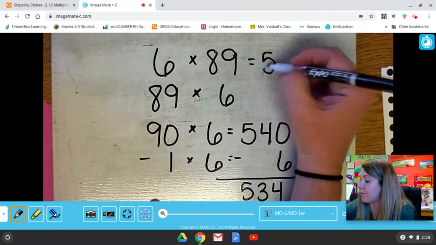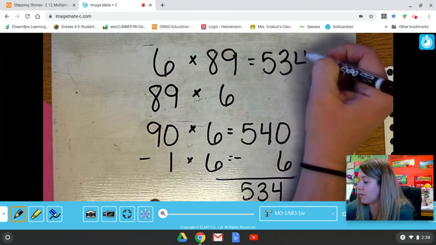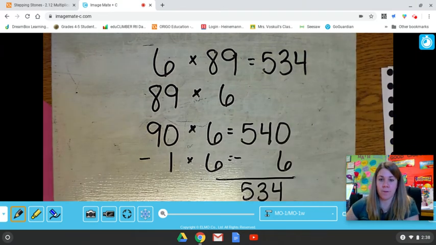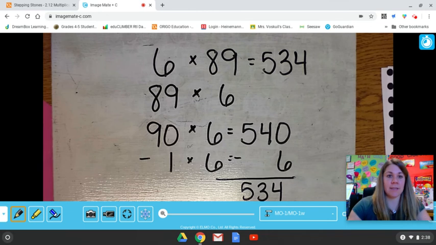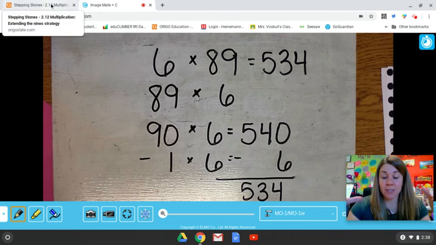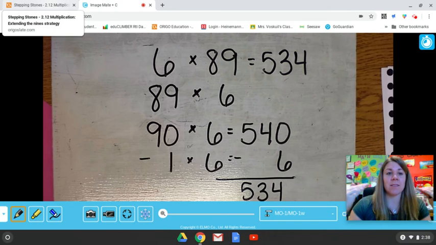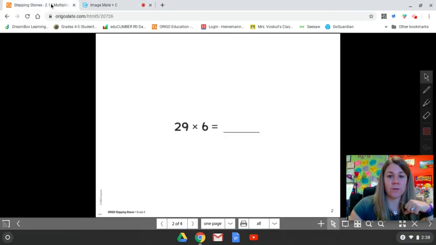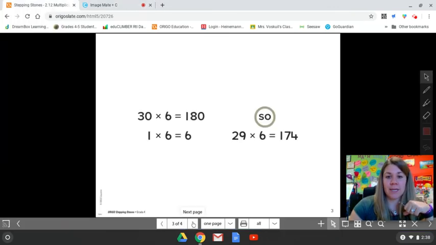So 6 times 89 is 534. Hopefully you're getting the hang of it here. Again, using a tens fact, a multiple of tens fact, and then subtracting one of those groups.